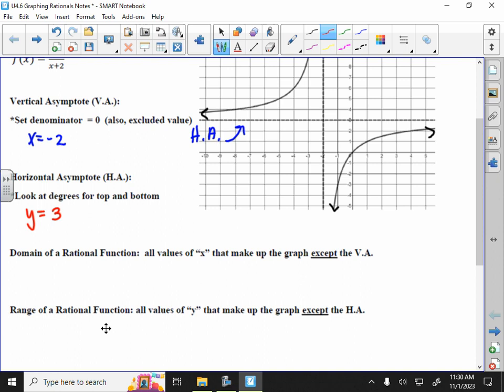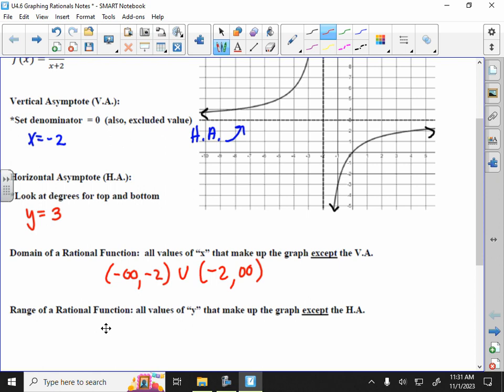We're going to say from -infinity, because that's where it starts hitting, all the way to the vertical asymptote, which would be -2. We're going to use parentheses because it will never actually hit -2, but it gets close to it. And then union, and we pick it back up again as soon as we move to the right of the vertical asymptote, and it's going to continue to hit everywhere all the way to positive infinity.